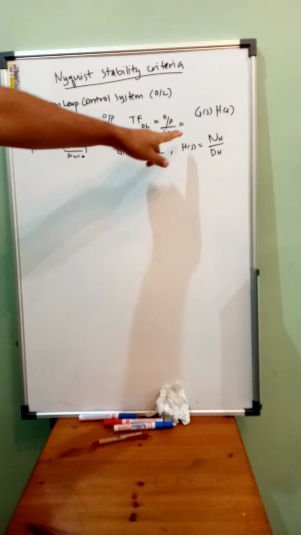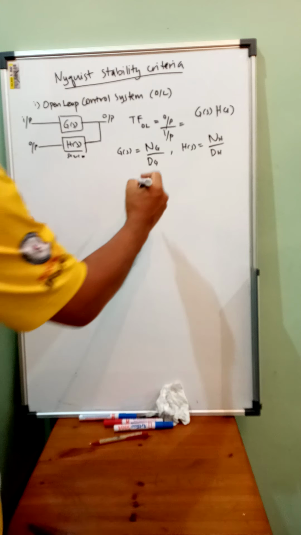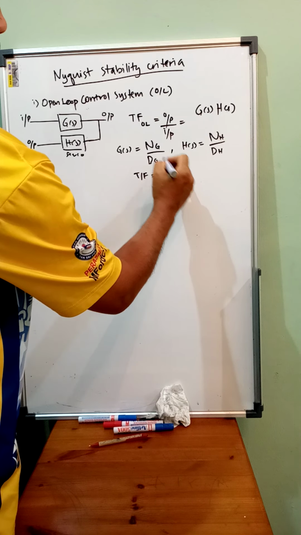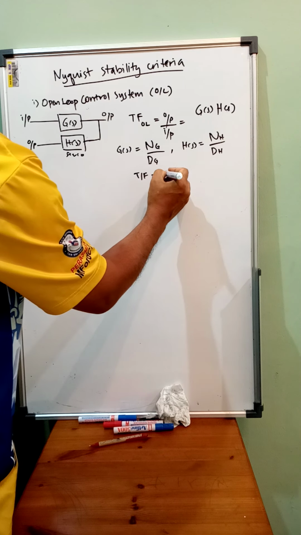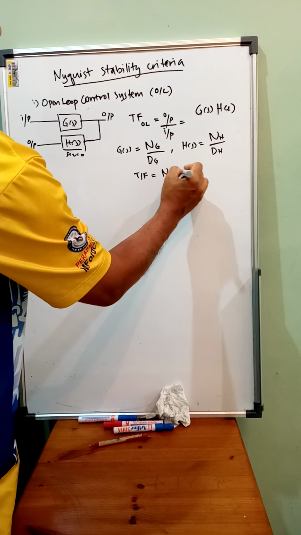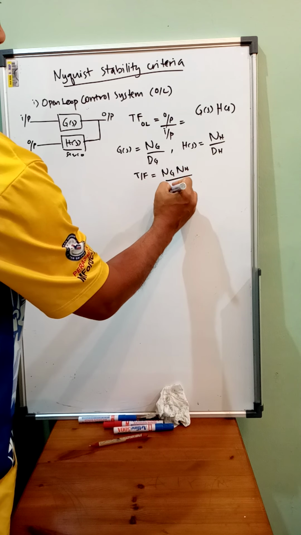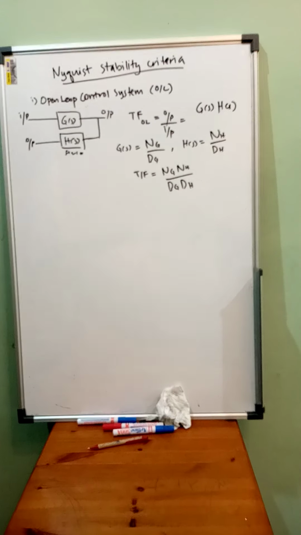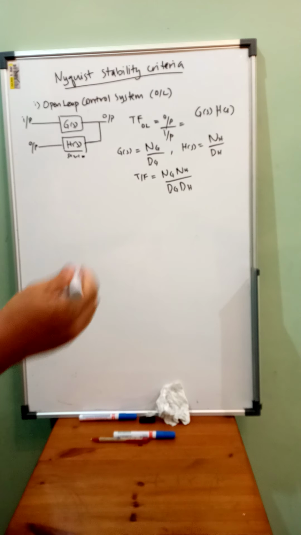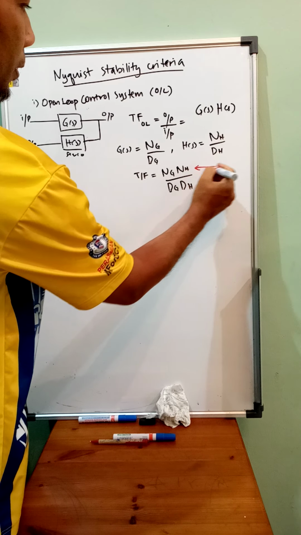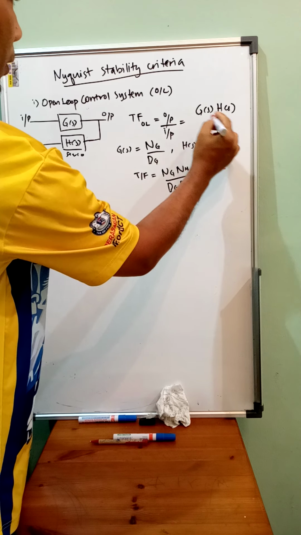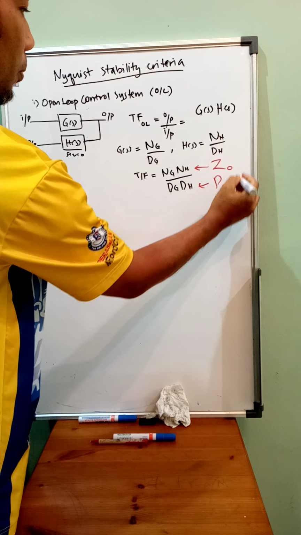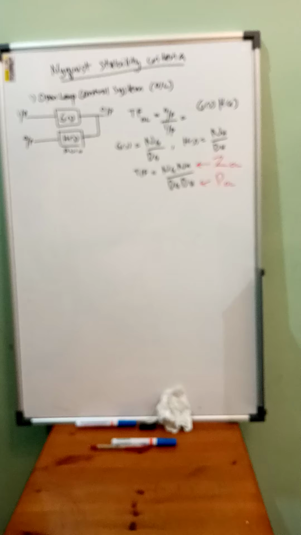So our transfer function will be G(s) times H(s), which is NG NH over dG dH. The numerator is the zero for the open loop, and the denominator is the pole for the open loop control system.